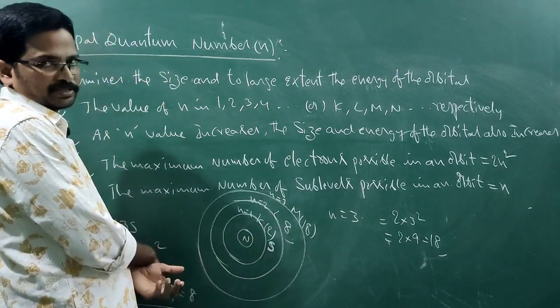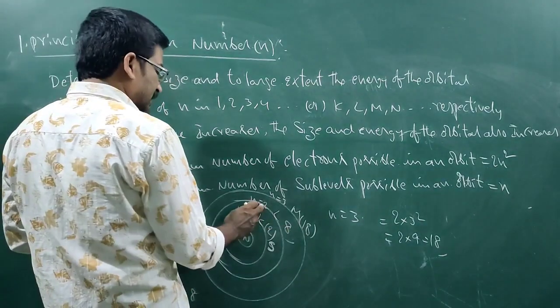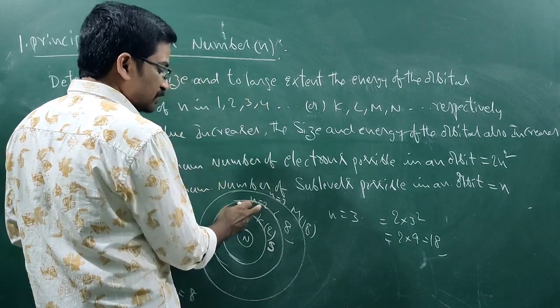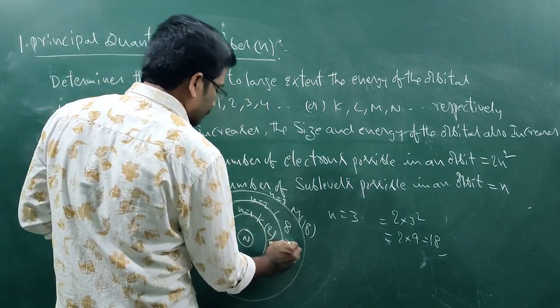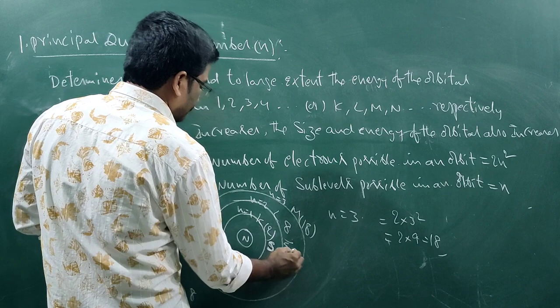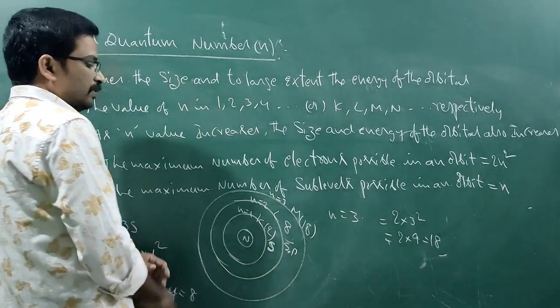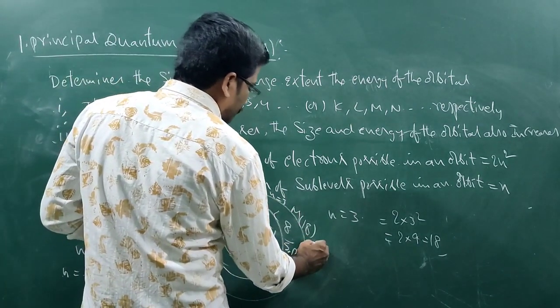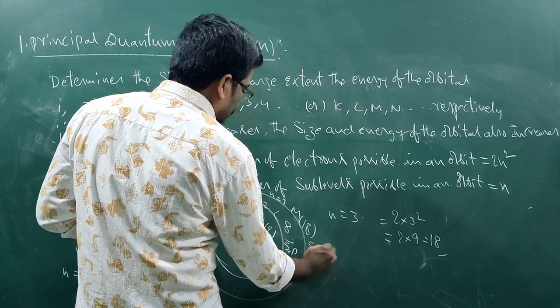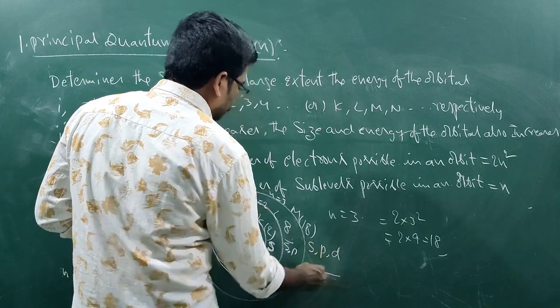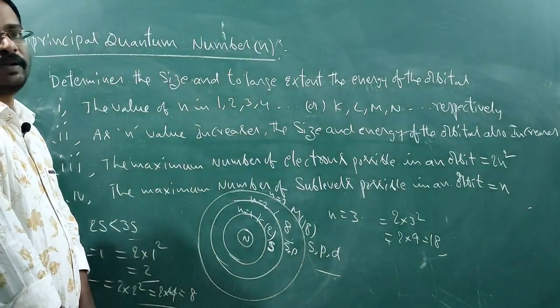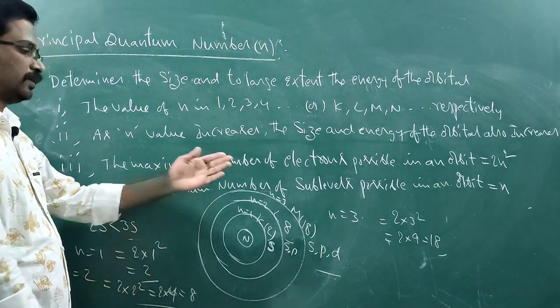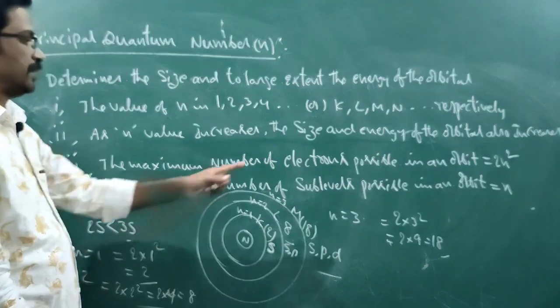In the second shell, n is equal to 2, 2 sublevels are possible, that is s and p. Whereas for n is equal to 3, 3 sublevels are possible: s, p, and d. There is a reason why, which you can understand like that.